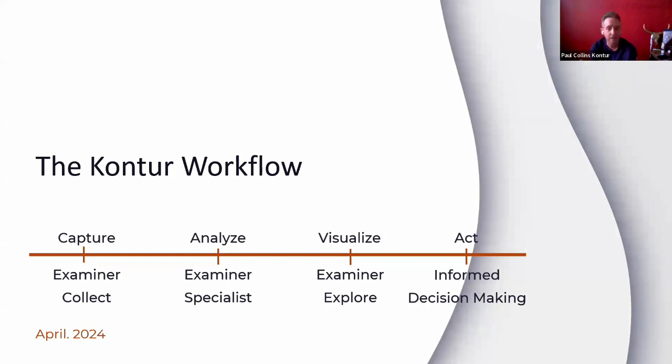So we're moving in different ways, different branches, and looking at different people's needs depending on where they are in this process. Okay, so we tend to look at our workflow as capturing data, analyzing data, visualizing it, and then making a decision as part of a project.